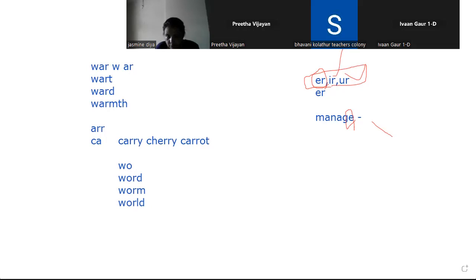And also, you have to see if it is a comparative degree. If you have a comparative degree, small, smaller, smallest, then it is always ER.